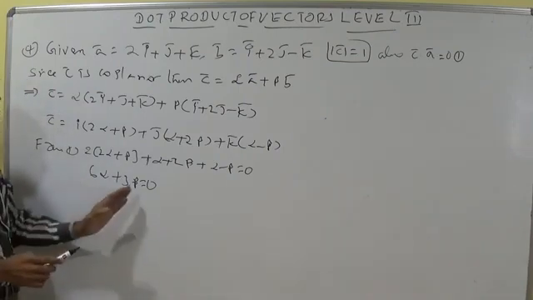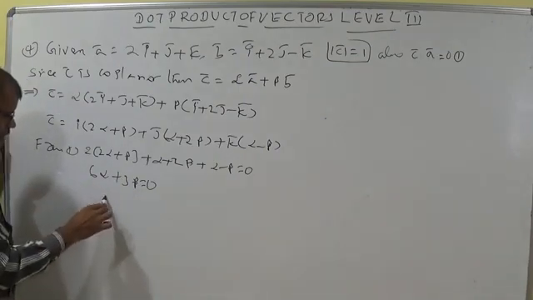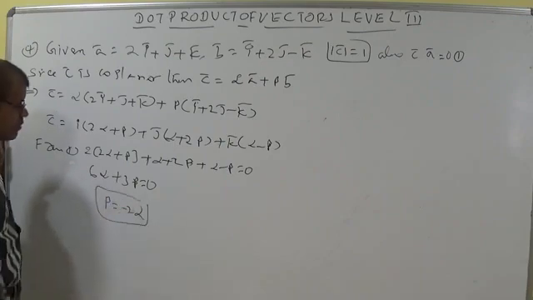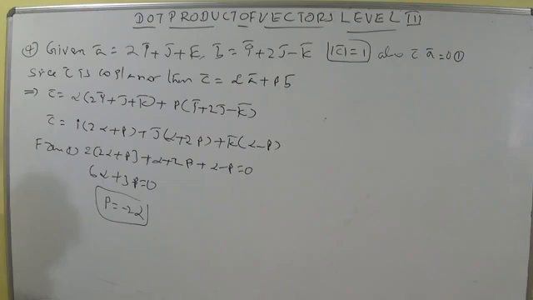Dividing by 3, we get beta is equal to minus 2 alpha. That is the relation.